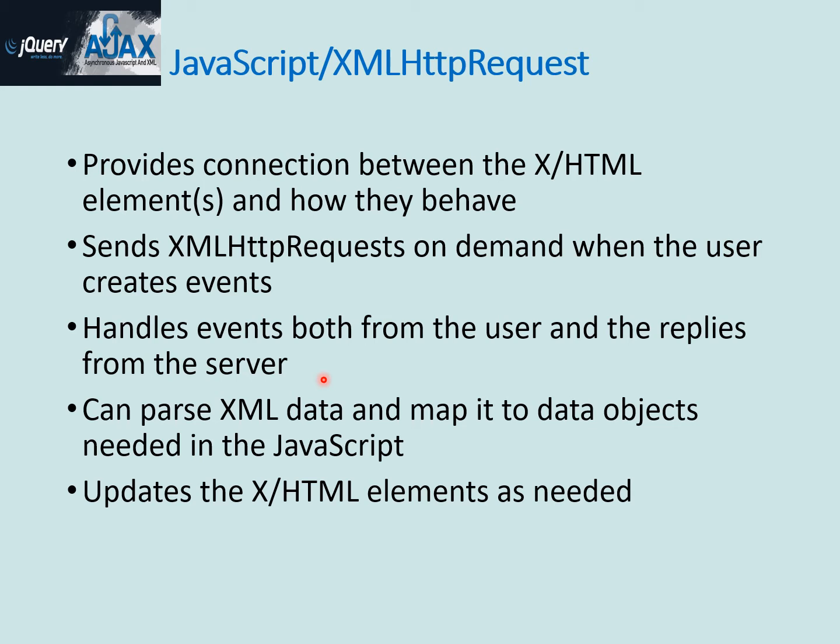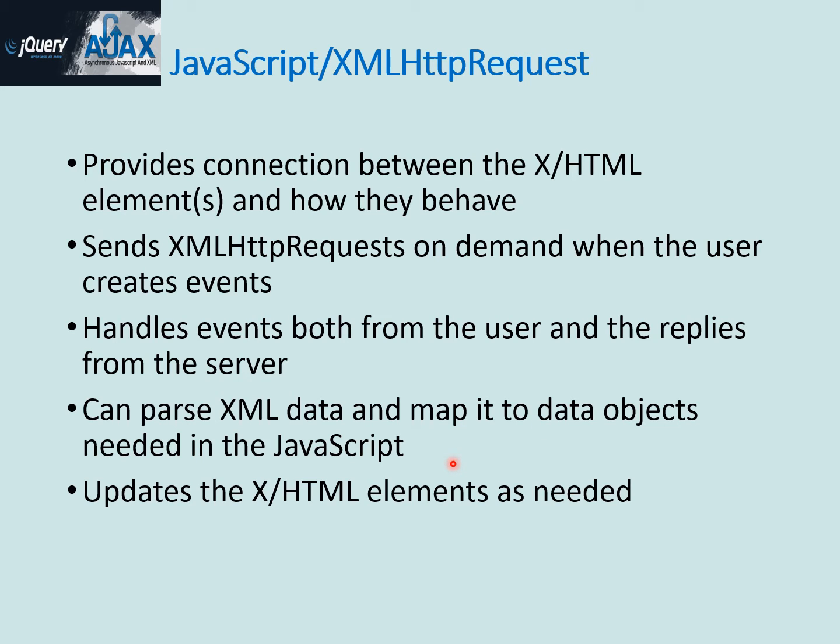This XML HTTP request can handle events from the user as well as the replies that arrive from the server. It can parse XML data and map it to the data objects needed in JavaScript.